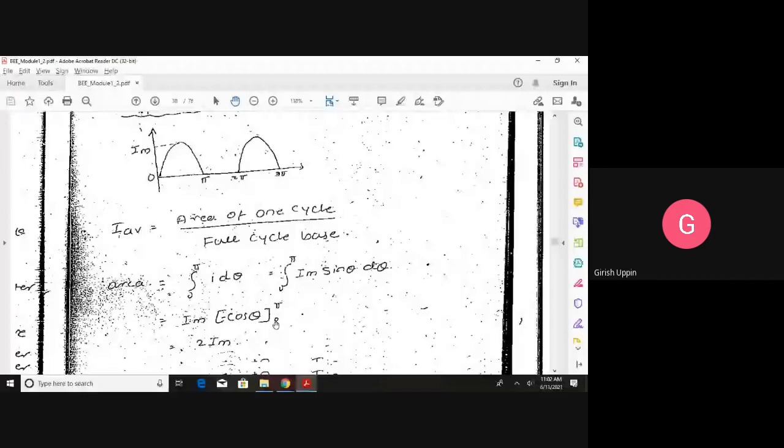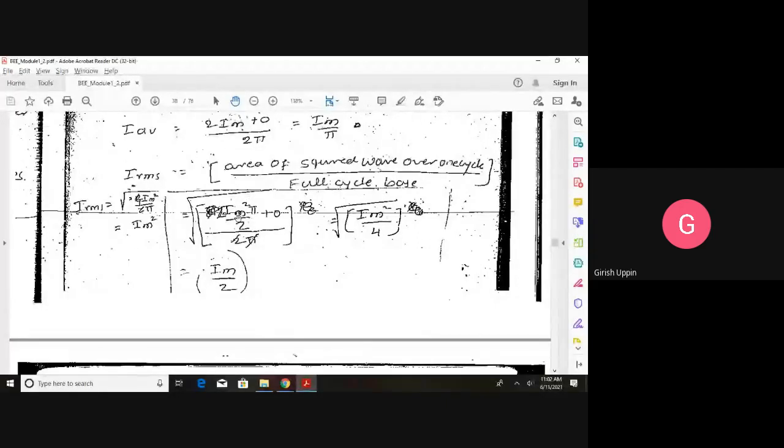So you can see here Im square pi divided by 2. Sorry, this is an unsymmetrical waveform. We have to consider the full cycle. We shouldn't consider the half cycle, because the positive cycle and the negative cycle are not the same.